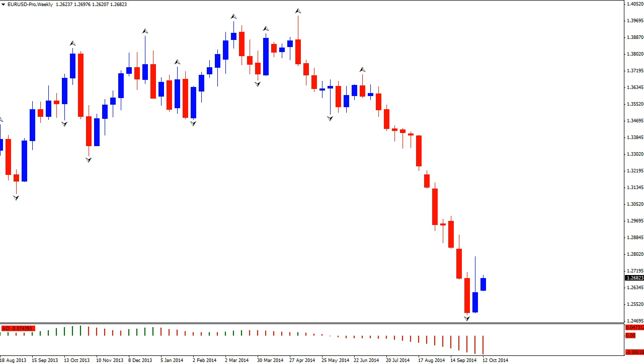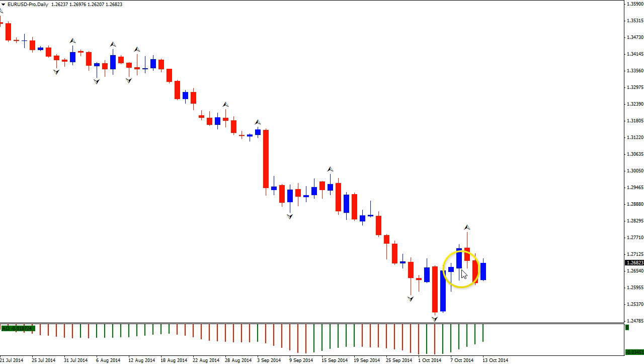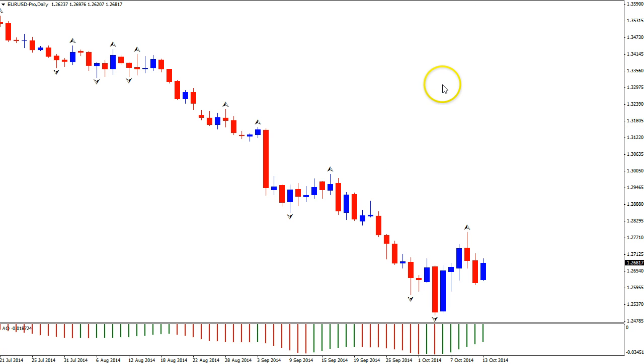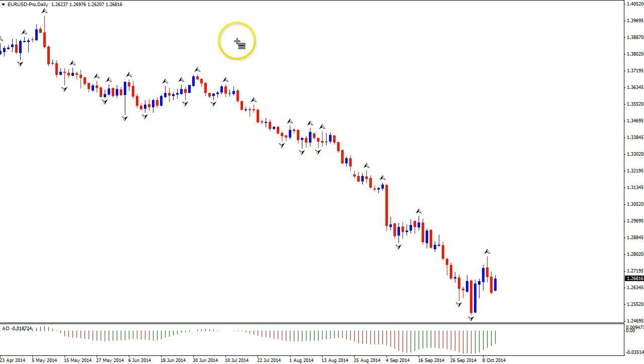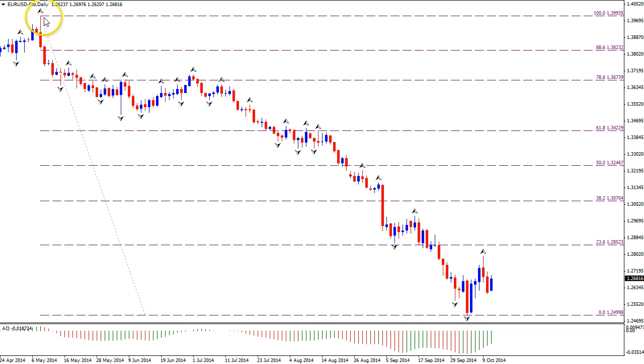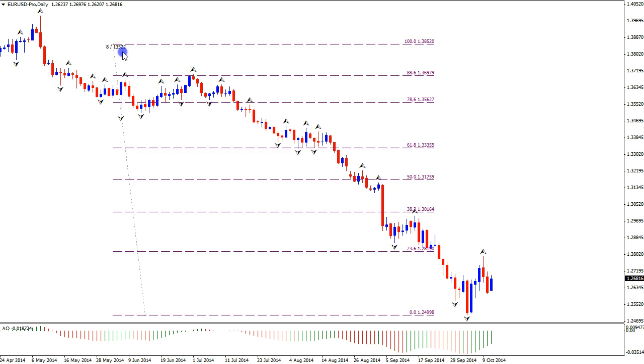Now, if we zoom into the daily chart here, we're going to see a bit more upside and struggle for this euro dollar downtrend. I would therefore not be surprised, looking at this 4-hour zigzag that we had and also the bullishness that we've seen so far, if we get a rebound and a recovery of some of that downtrend, and I wouldn't be surprised to see it continue a bit further, for instance, to what I would consider the fib here at the moment.